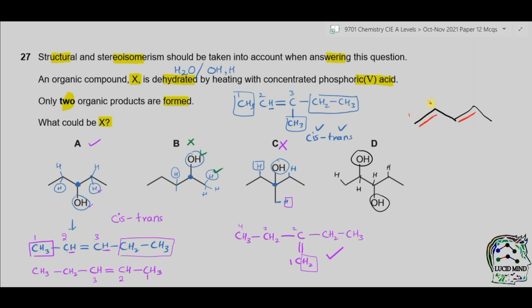We have double bond between first and second and third and fourth carbon. Another possibility is that we can remove hydrogen and OH from first and second carbon, and we can remove this hydrogen and this OH between second and third carbon. Product will be like this, and double bond is in between first and second and third carbon. So now two products are formed.